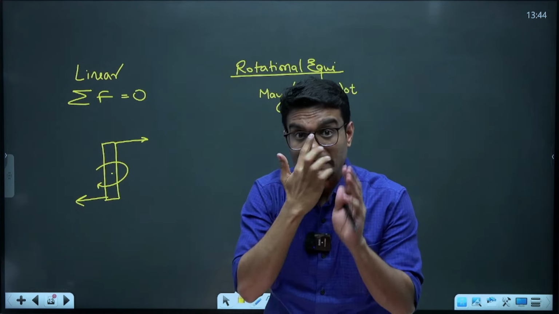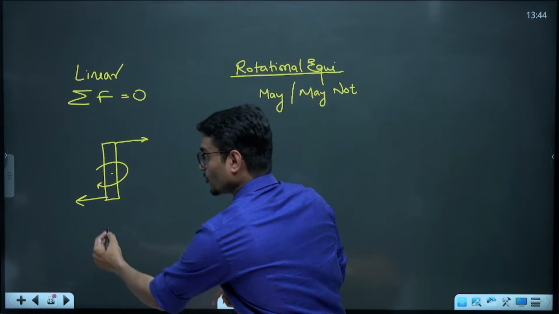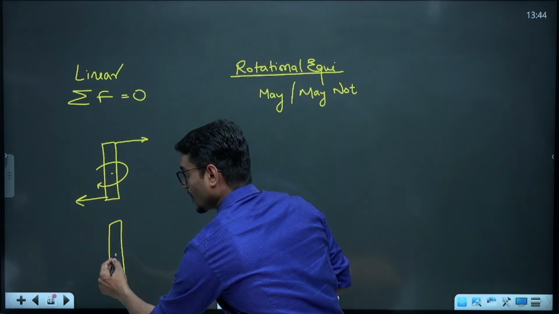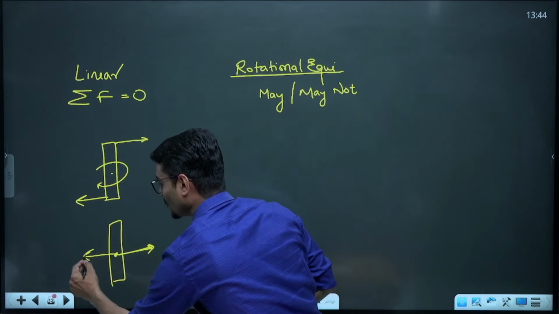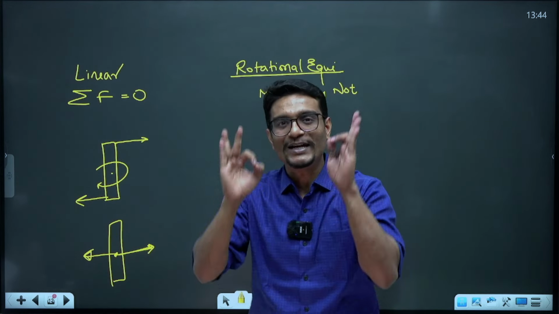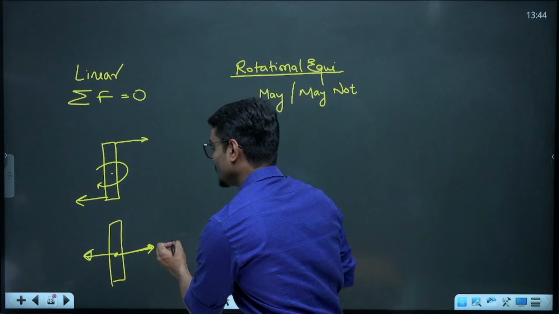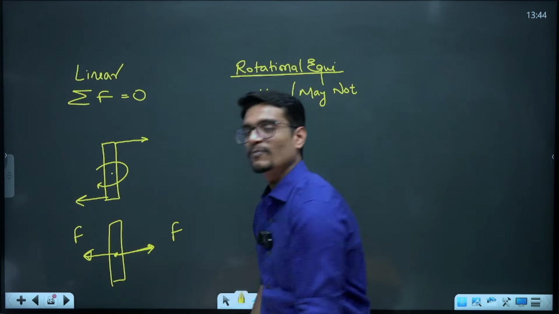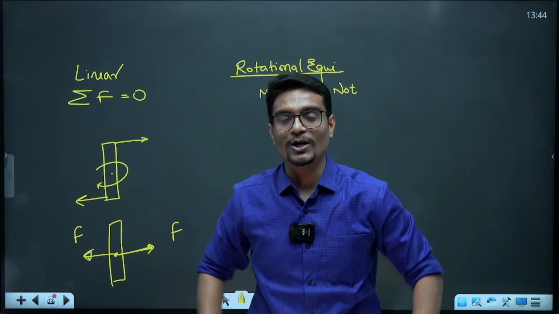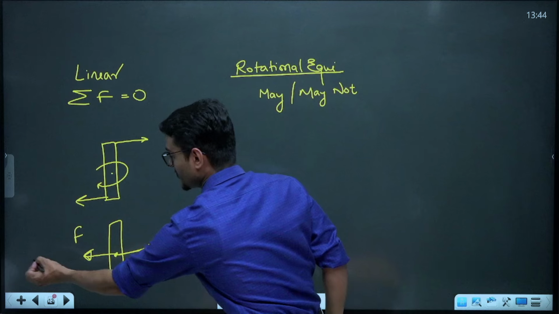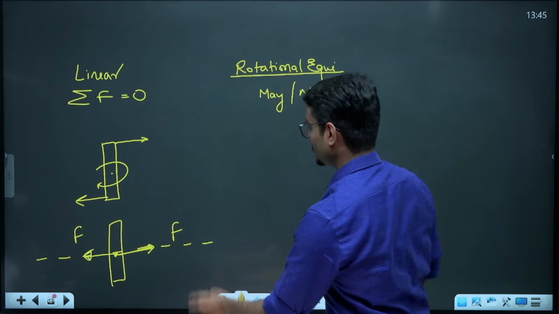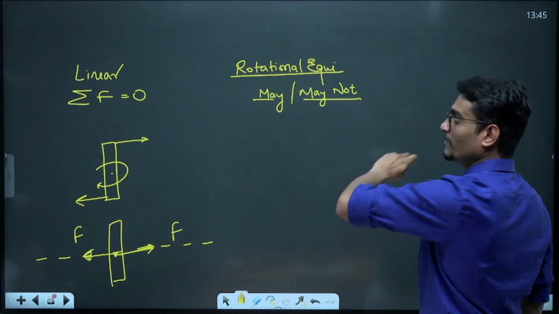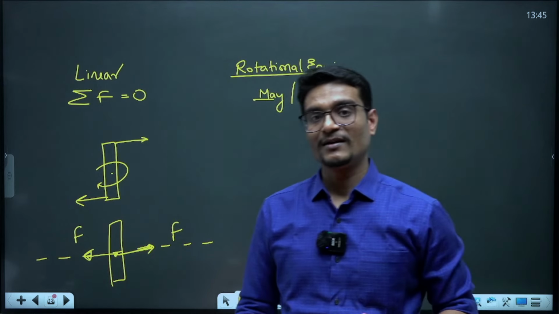If these two forces are acting along the same line, only then can you say that they produce no couple at all, because they are acting on the same line. So the answer is may or may not. Both situations are possible.